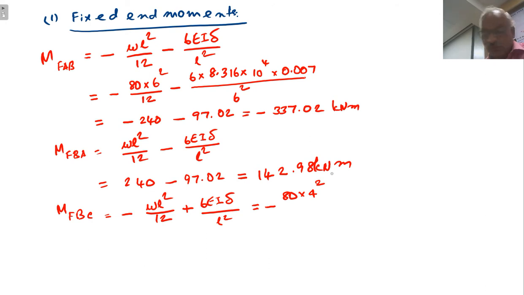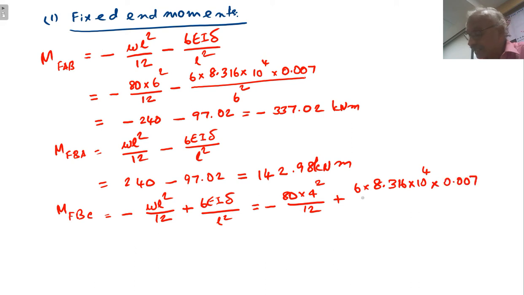So 80 into 4 square by 12 plus 6 EI, which is the same, 8.316 into 10 power 4. Delta is again the same, 0.007. Only support B settles by 0.007, and by L square. For the second span BC, L equal to 4 meters, therefore it is 4 square.